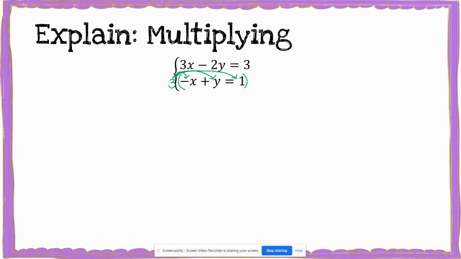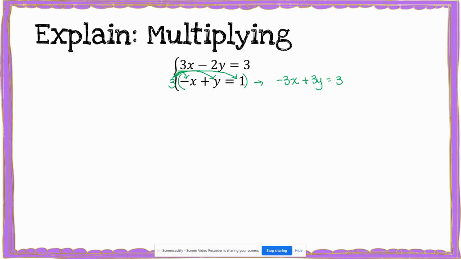Well, 3 times negative 1x gives me negative 3x. Then 3 times positive y gives us positive 3y, so we would write plus 3y. You have to remember that you're even multiplying the 3 by this 1. So 3 times 1 gives us 3.